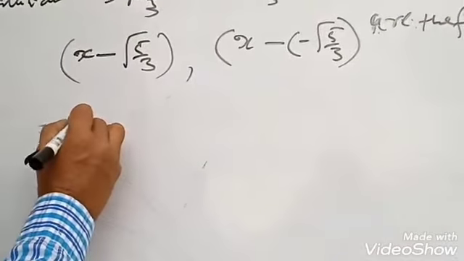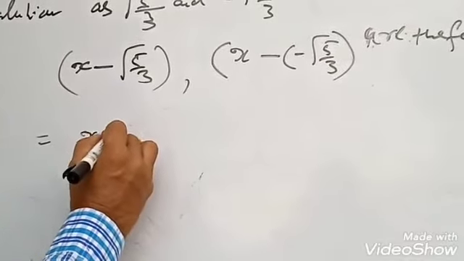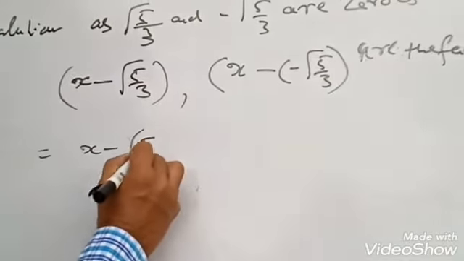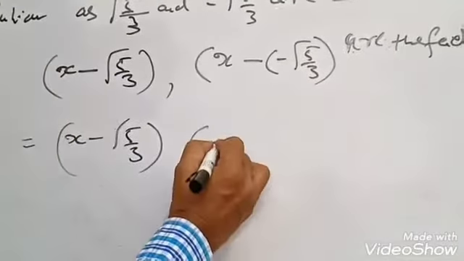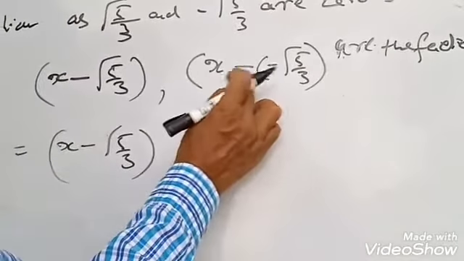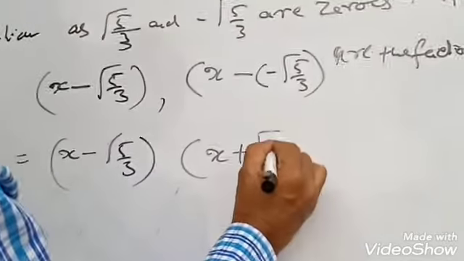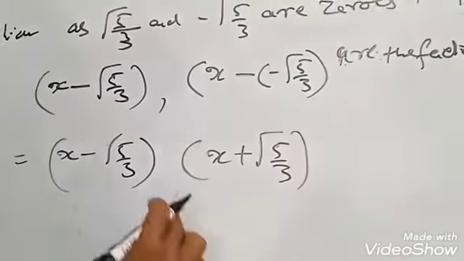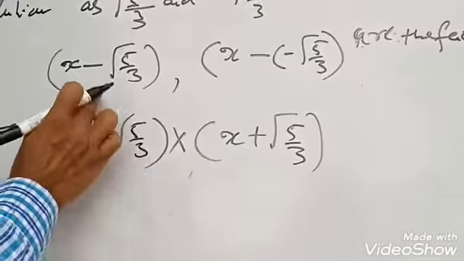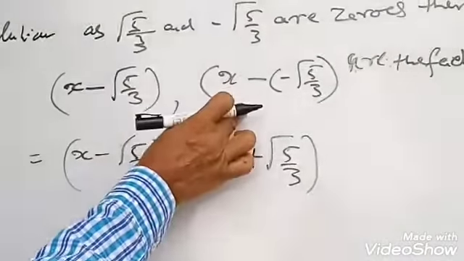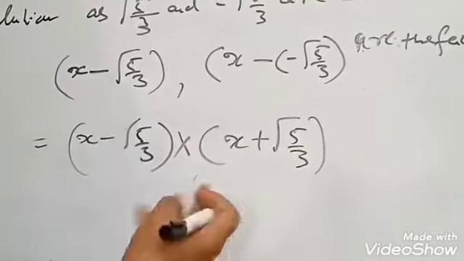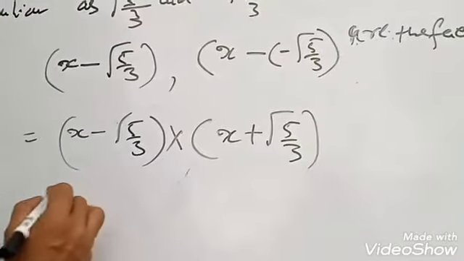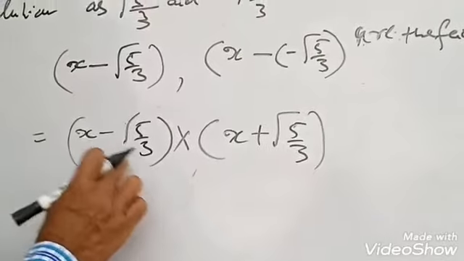So now multiply. x minus root 5 by 3 and x plus root 5 by 3. If these two are factors of this polynomial, the multiplication of these two will also be a factor.